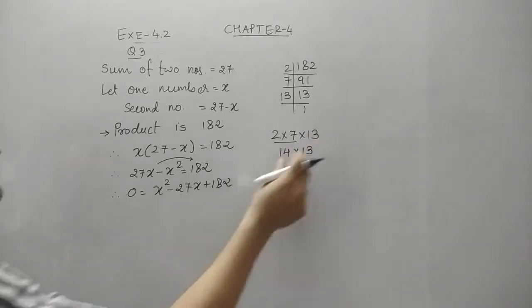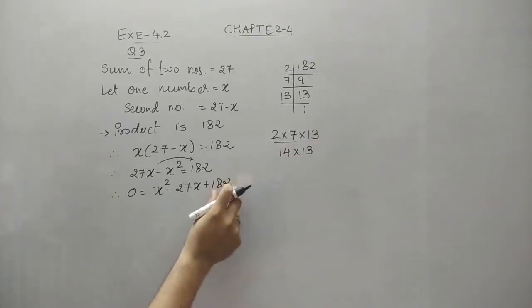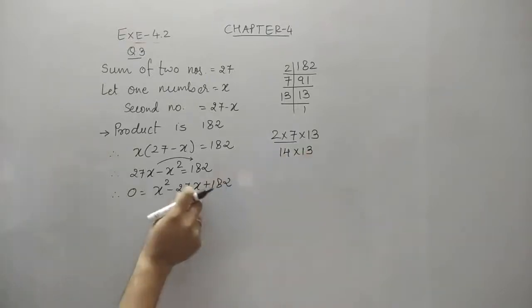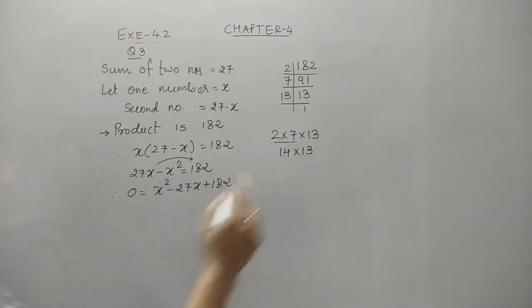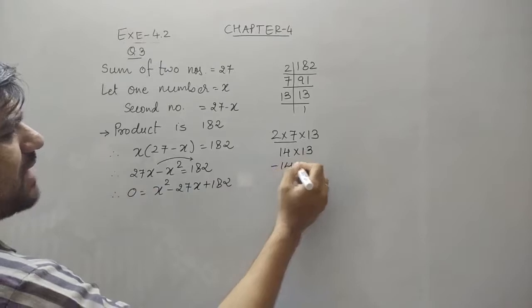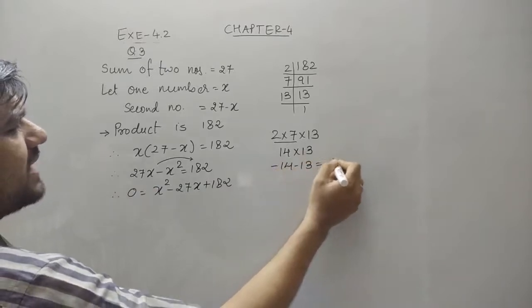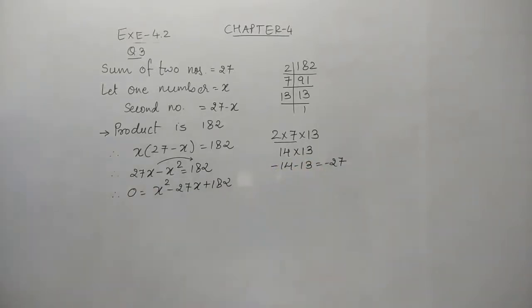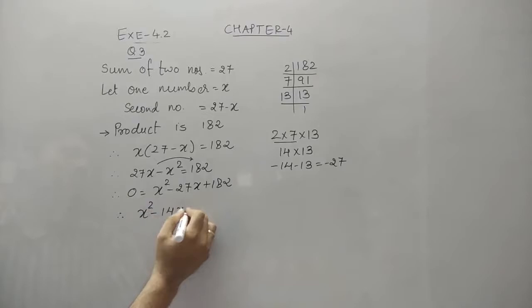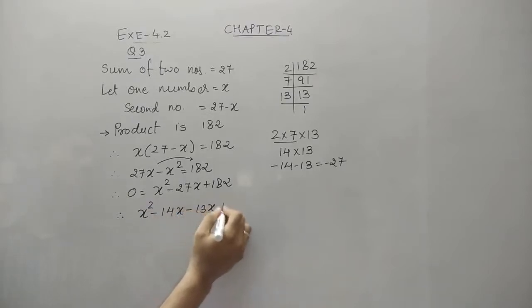The product must be 182, but when you add these two, it is 27. So the factors are minus 14 and minus 13, which is minus 27. So let's note down: x square minus 14x minus 13x plus 182.